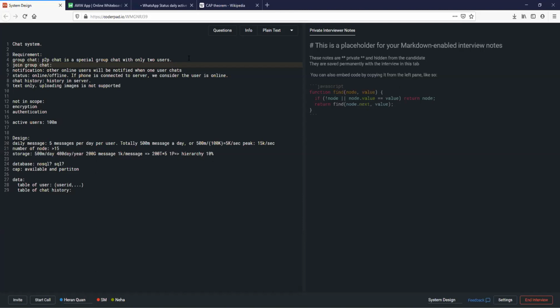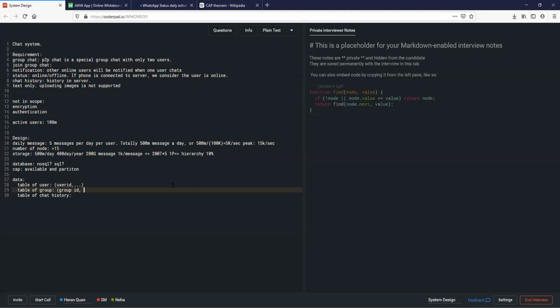Whoever is a member of that group, right? Each chat session will have a unique ID. If it's a group chat, it will have the unique ID of that group, and then the members in that group can access the chat for that group ID.